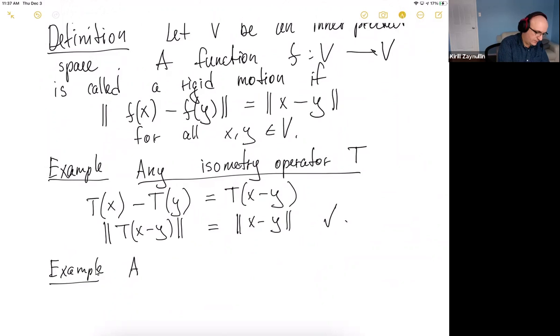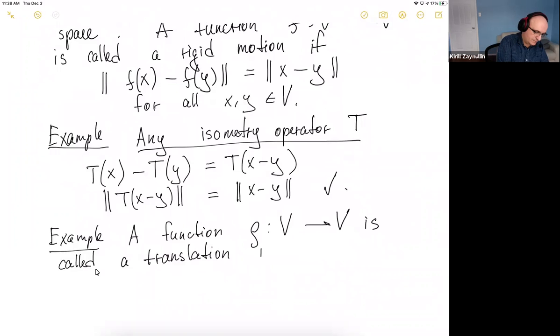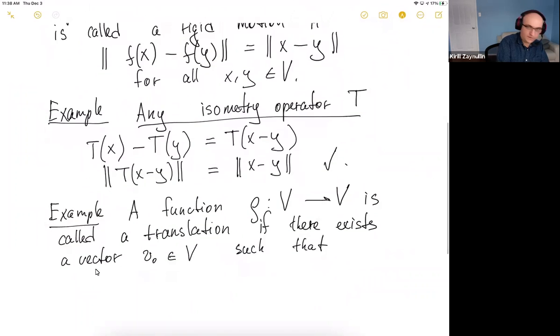So, well, a function, say rho, from V to V is called a translation if there exists a vector, say V0 from V, such that your function is precisely the translation by this vector.